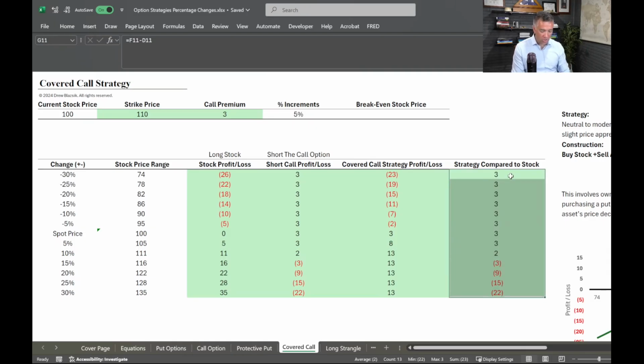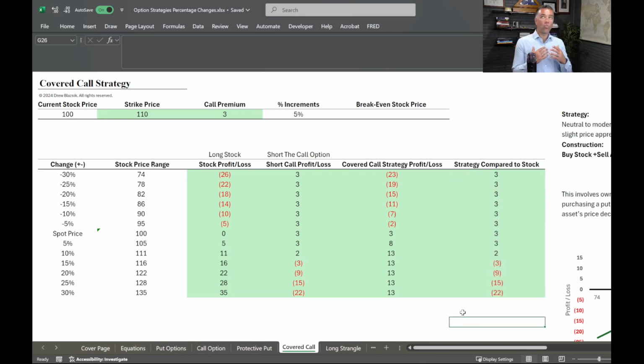All I want to show here is what it is compared to if I just buy the stock. In this example, I'm selling the call and holding the stock. So I'm showing you that if the stock goes down, you're better off with the strategy. You're $3 more with the strategy.